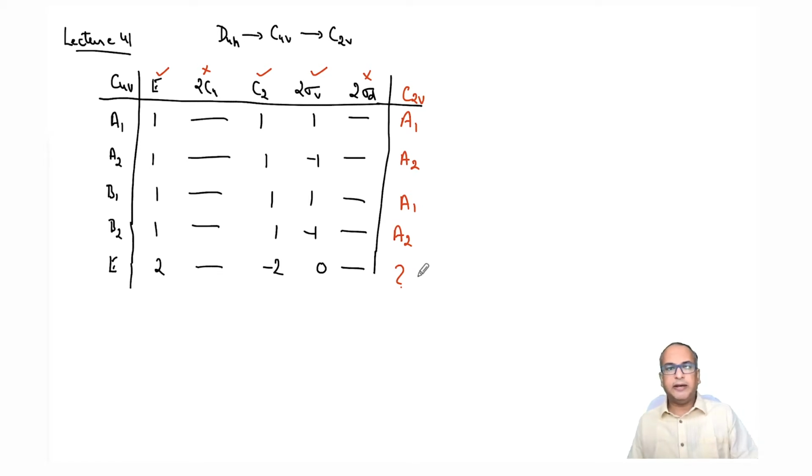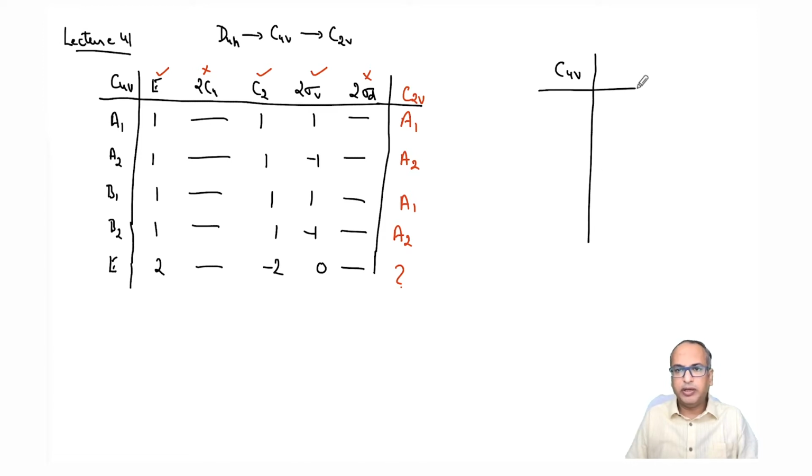So now if we try to draw a correlation between C4v and C2v, let me use the black color for C4v. So if we try to draw this correlation, we see A1, A2, B1, B2, E, and we have A1, A2, B1, B2, right?